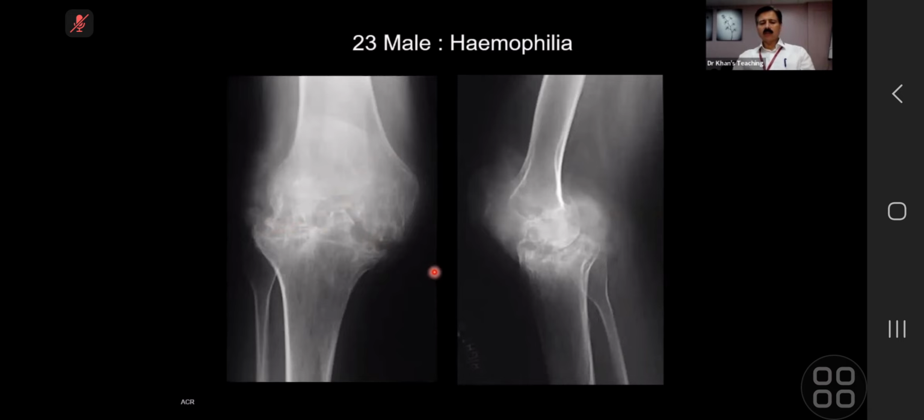But on a plain film, literature tells us that one of the findings is increased soft tissue density because of chronic hemorrhage. I will take this finding with a pinch of salt, but it is given in literature, so that's why I am showing you. This is the only way to differentiate between the two, if it is a young male patient, otherwise the radiology might be very similar.